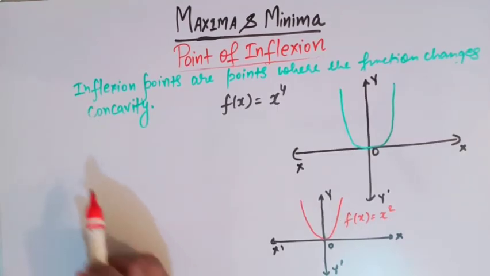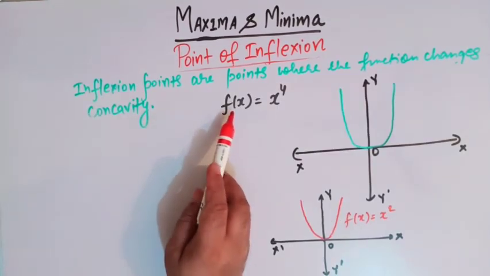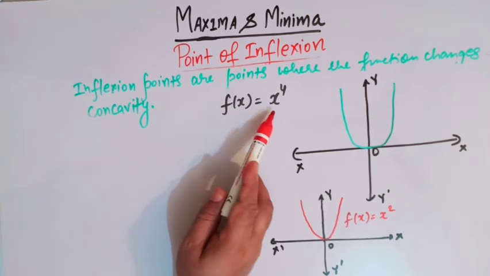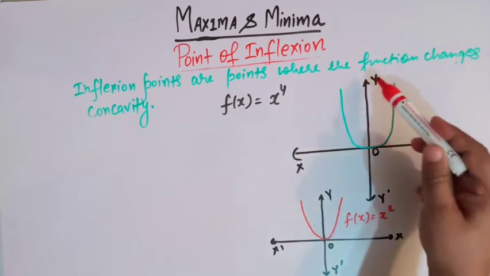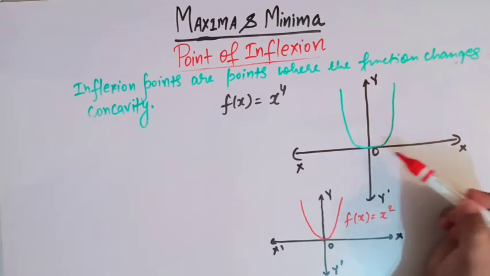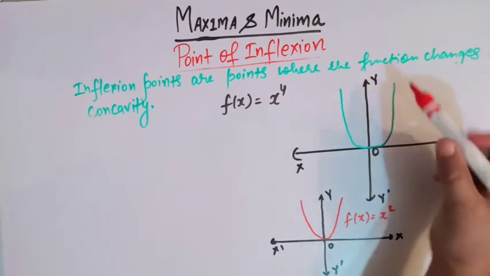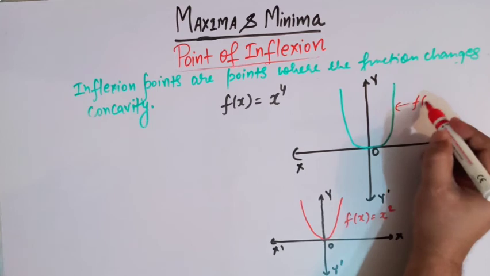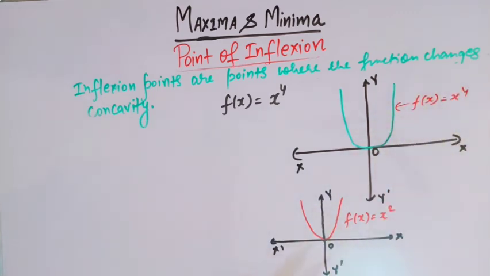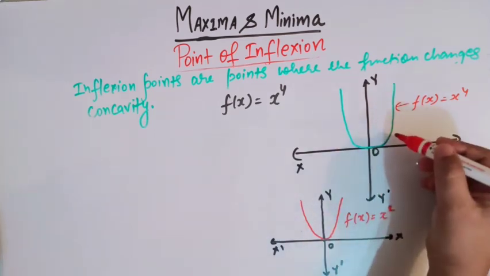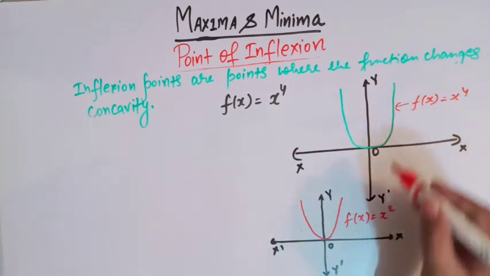Now viewers, let us take this problem. Here we have the function f of x equal to x raised to 4. Now the graph of this function is plotted here, and this is the graph of f of x equal to x raised to 4. And see, the graph of f of x equal to x square is plotted here, and see the difference between these two graphs, right?